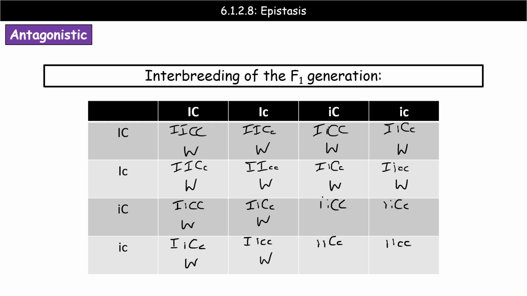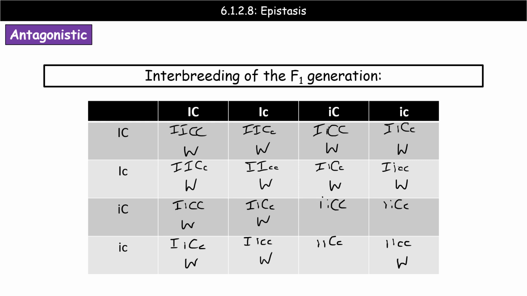Now, once we've done that, we need to work out, are there any other potential white chickens? Remember what we said in our original pure breeding generation, we did have that scenario where we had white chickens that were homozygous recessive for both of those traits. So down in this bottom corner, we've got two lowercase i's, two lowercase c's, so there's another white chicken at the bottom.